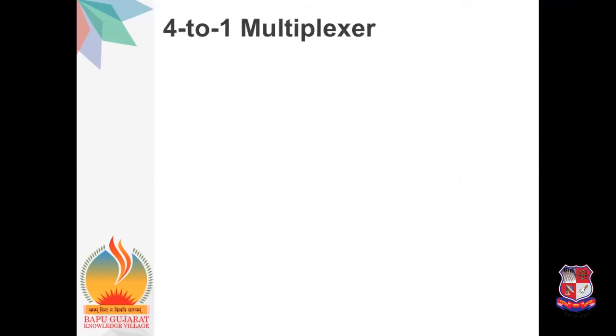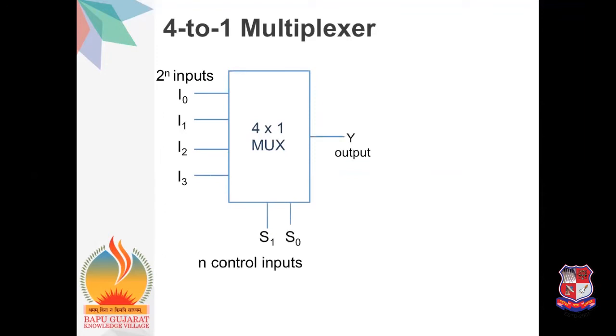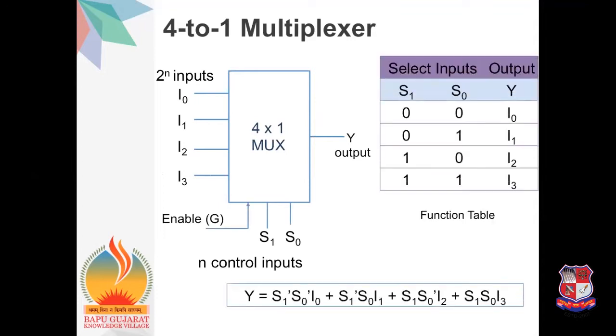In the same way, the 4 to 1 multiplexer. It has 4 inputs and a single output. Due to the 4 inputs, it has 2 selection lines, S0 and S1. So this is the basic block diagram. Now let's see the function table for this 4 to 1 mux.